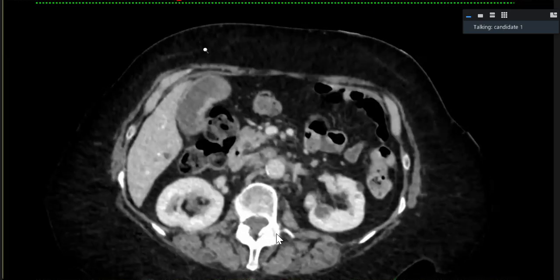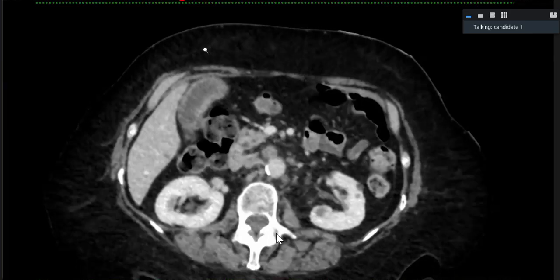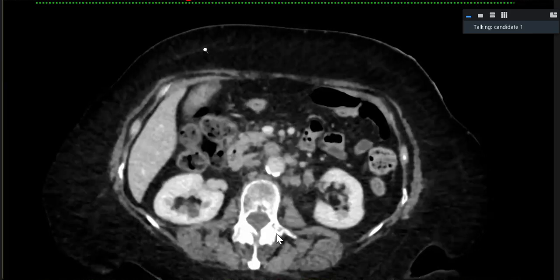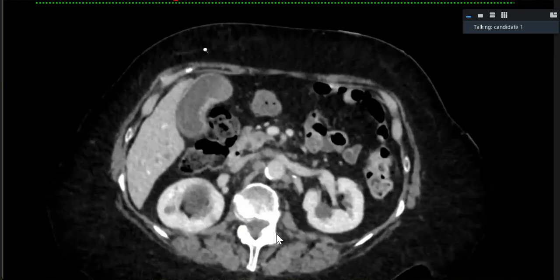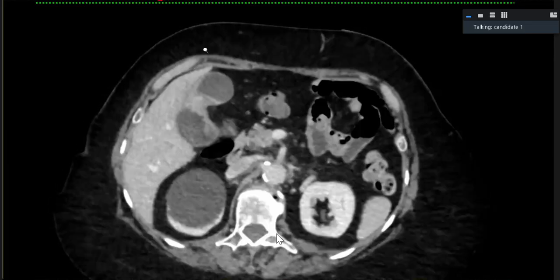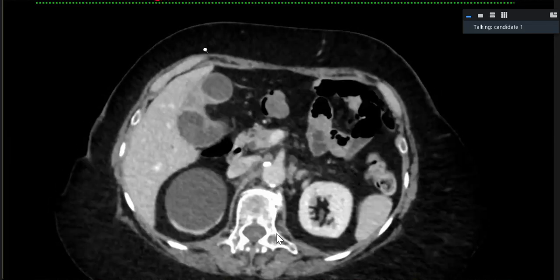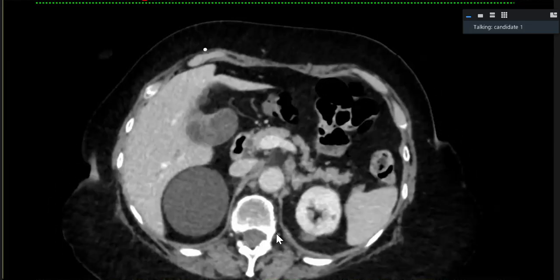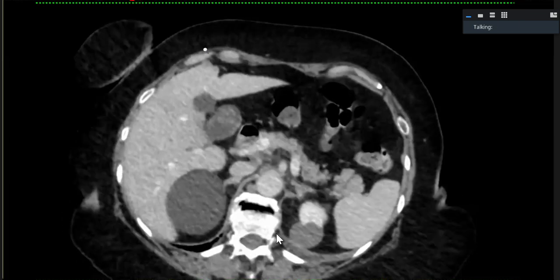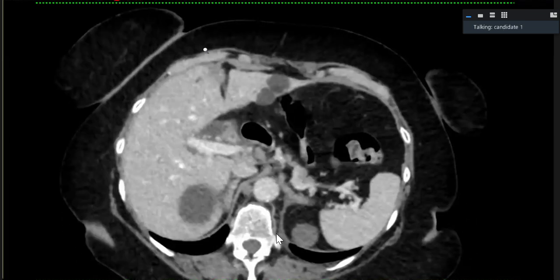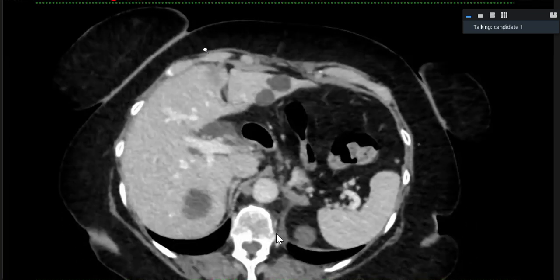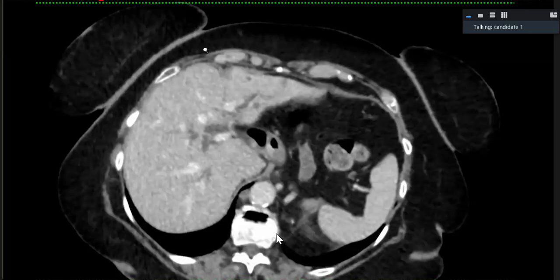I am presenting an abdominal CT with contrast. I want to look at the biliary system, the gallbladder.